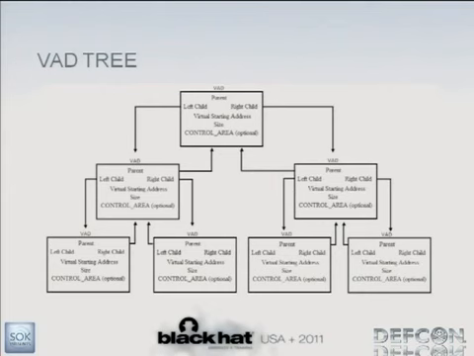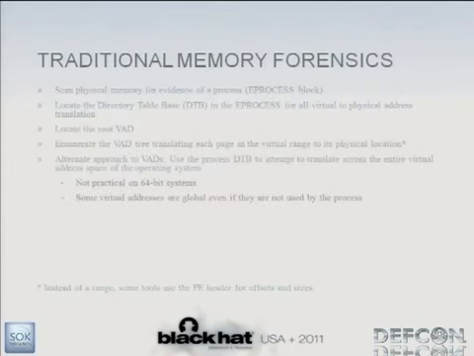Here's a representation of a typical VAD tree. You can see it starts with the VAD root, and each one of those VADs contains information about the virtual addresses of the process. Traditionally, you would scan physical memory for an EPROCESS block, which lets you know there's a process at that location.